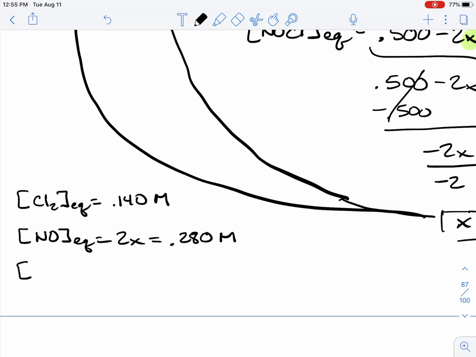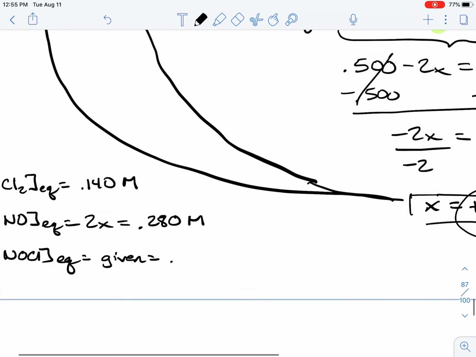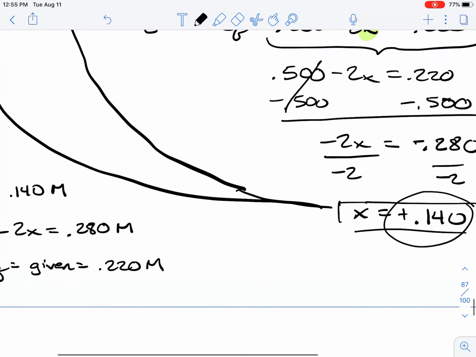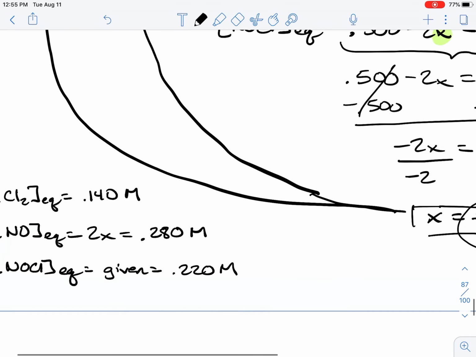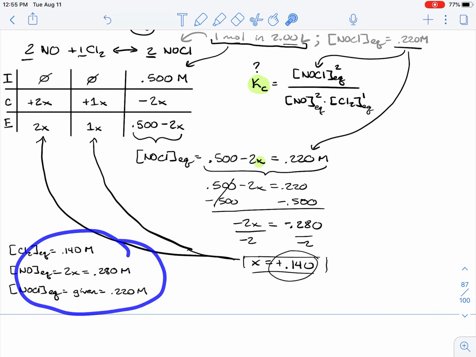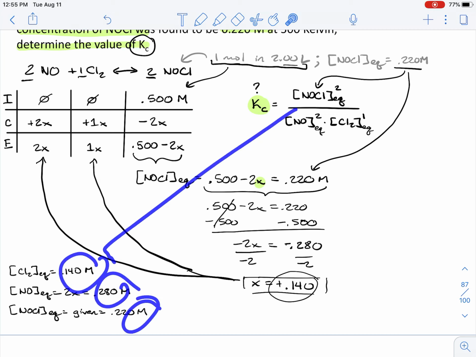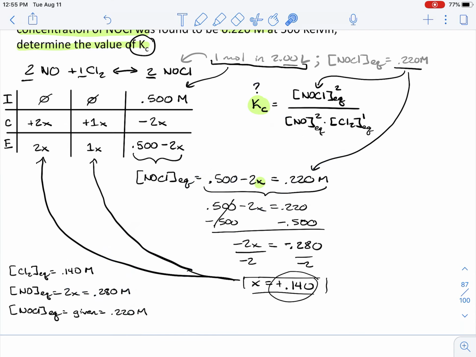And we already know the equilibrium concentration for NaCl because this was given to us in the problem, which was 0.220 molar. So that's awesome. Now that we have the equilibrium concentrations for all of these substances, we can now go ahead and plug in all of these numbers in the mass action expression to essentially solve for the equilibrium constant Kc.